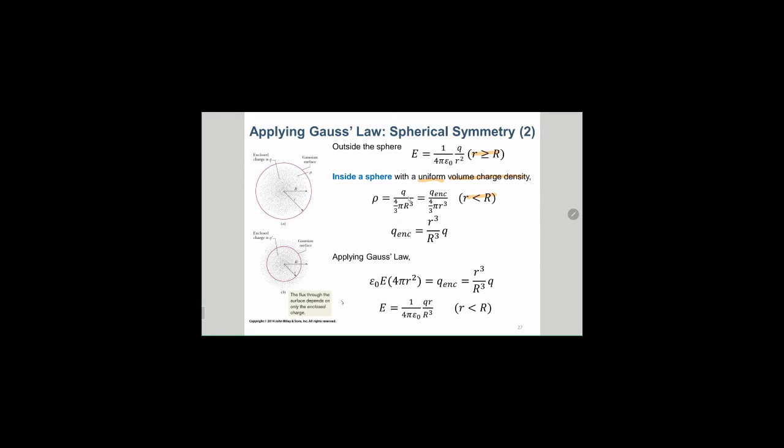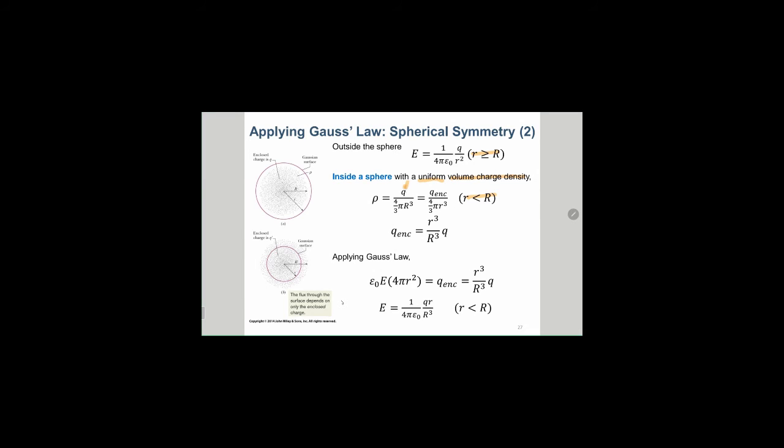So here we determine the Q enclosed divided by the volume of the Gaussian surface, as long as the density is uniform. So this is the density inside the Gaussian surface, and this is the density for the whole sphere.